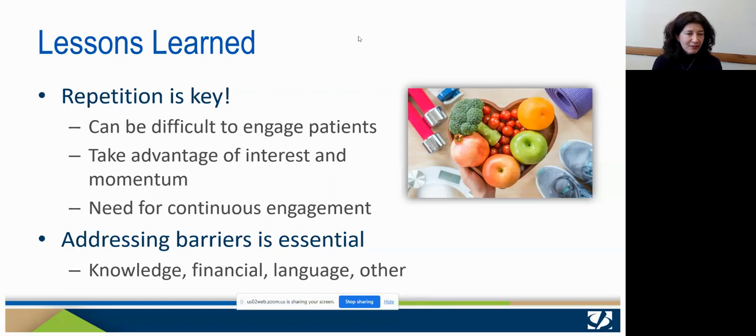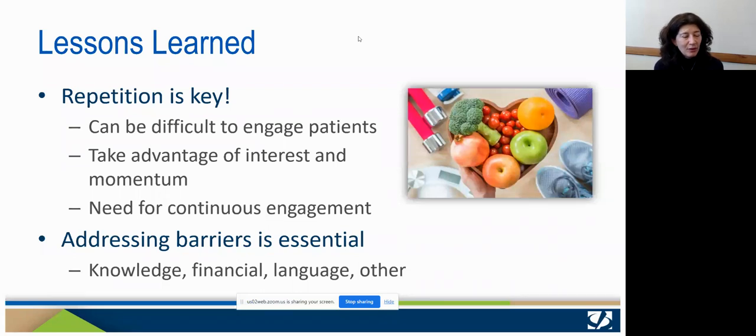Because if we delay, if we don't get them signed up right away, they might move on, or they might realize that there's an obstacle that is now going to delay. And they're like, oh yeah, I'll get back to it. And sometimes they don't get back to it, or it's years before they get back to it. So we really want them to jump on it at that moment, because then if they've started and they're seeing those changes, like the patient that I talked about, they're much more likely to continue.